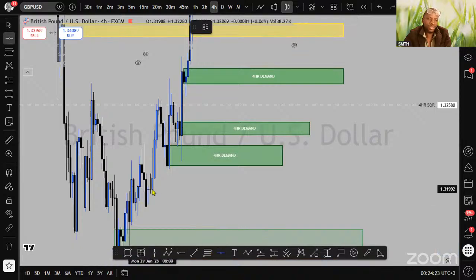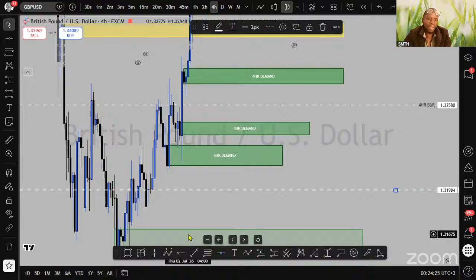I can decide to focus on this last support here, because this one is covered, it has been flipped 1, 2, 3, so I don't need this one. So the current one I love is this one. So I've covered that information. Now I can say that was my 4-hour. And literally, I'm done with my markup.